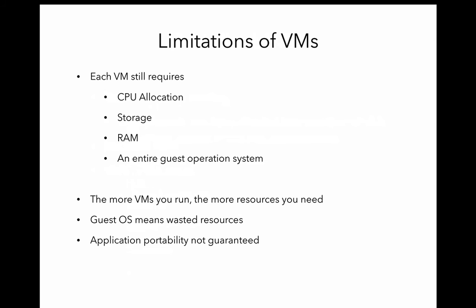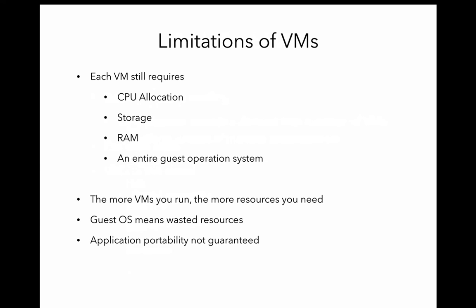The more virtual machines you run, the more resources you need. It was intensive. It used to take a lot of resources of your host operating system. Guest OS means wasted resources because it was an operating system over an operating system that you would install. It was wasting all the resources.